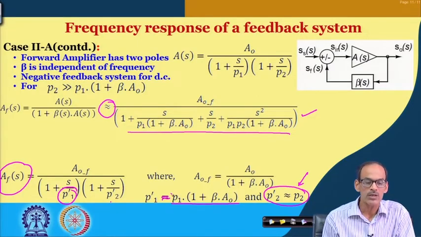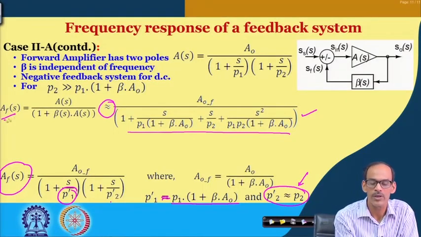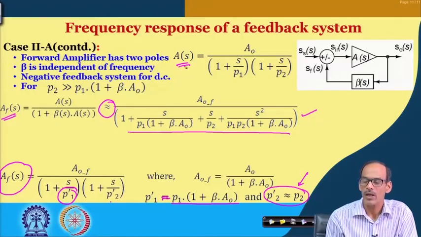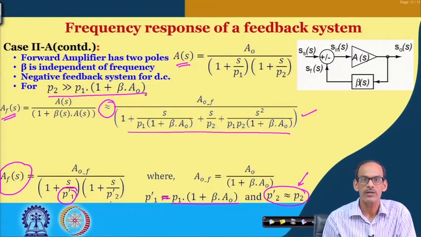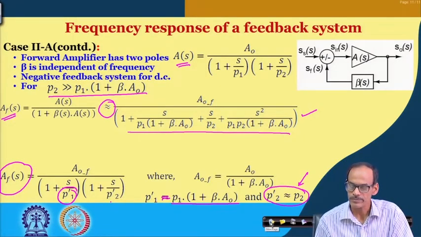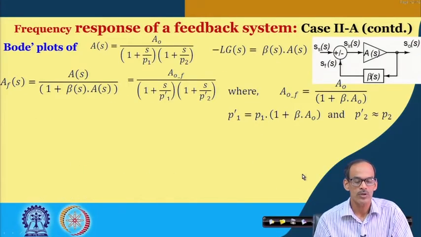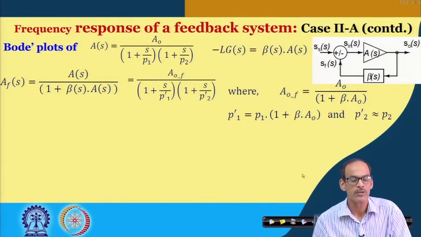Now, if you see the Bode plot for this situation, namely the gain of AF and A and of course the loop gain, under this condition we can find some conclusion or some information. So, in the next slide let me try to make the gain plot.